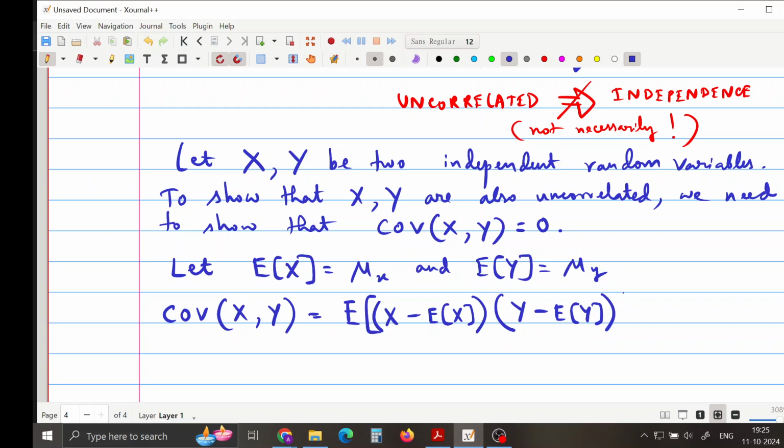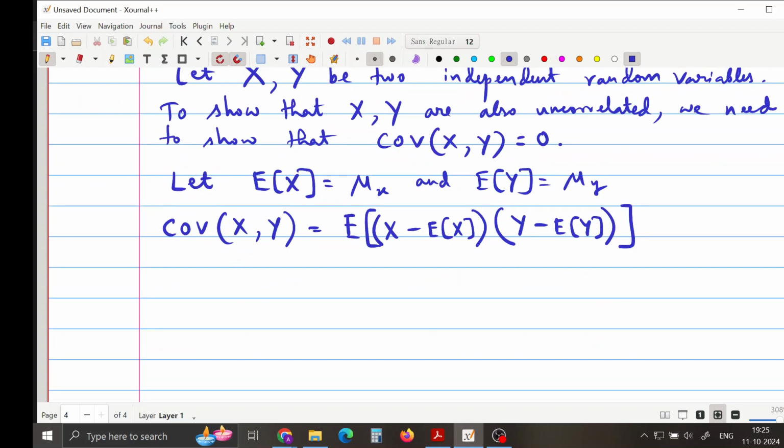Now no longer will there be any transpose, and it makes sense because it's no longer a vector, so it's just a single entry, a random variable. Remember, a random vector is like a collection of random variables tagged as a vector, and in that case you talk about transpose, but here no transpose arises. So now this is expectation of, using our notation, expectation of x is mu x, expectation of y is mu y.